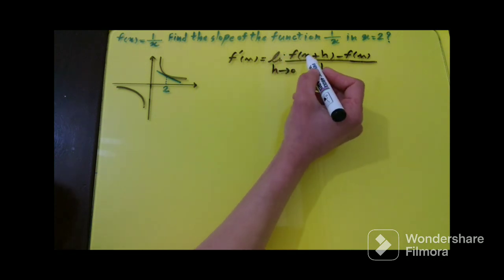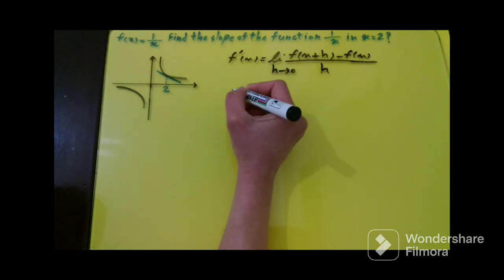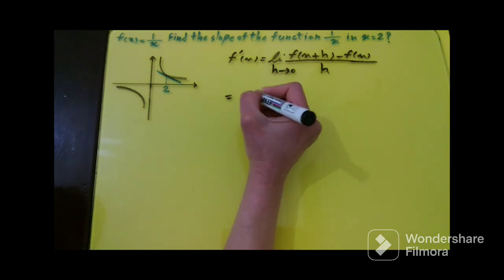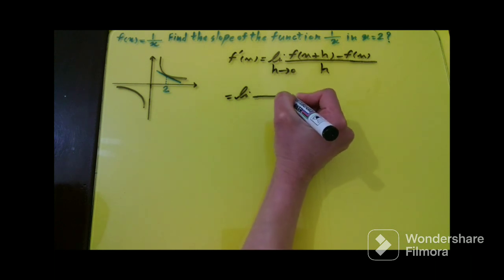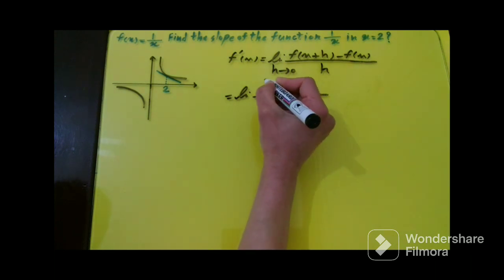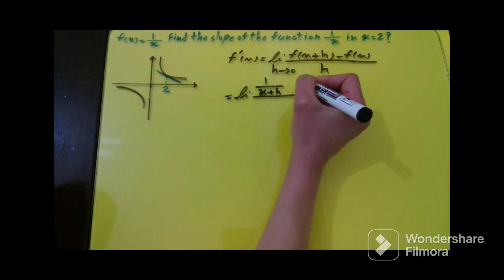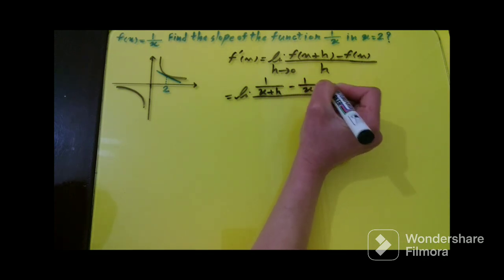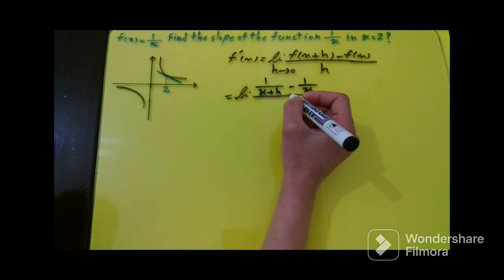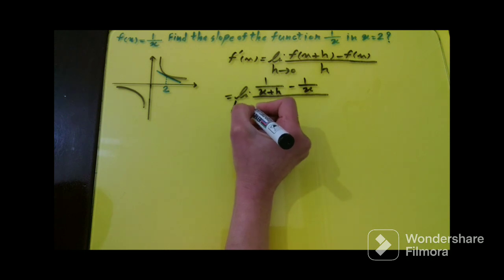Now we should put x plus h instead of x. So I write limit of 1 over x plus h minus 1 over x, all over h, as h approaches 0.